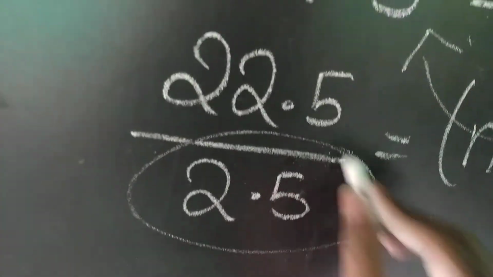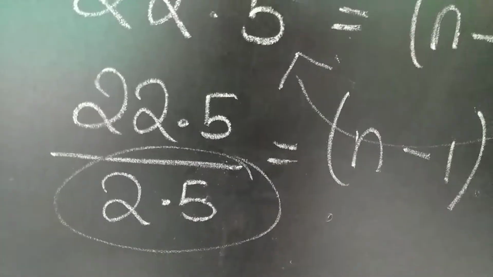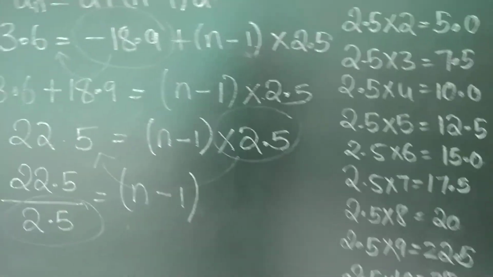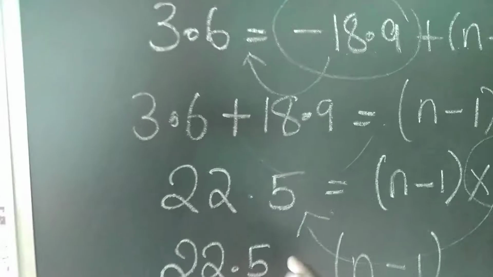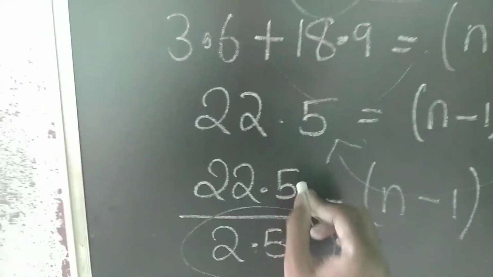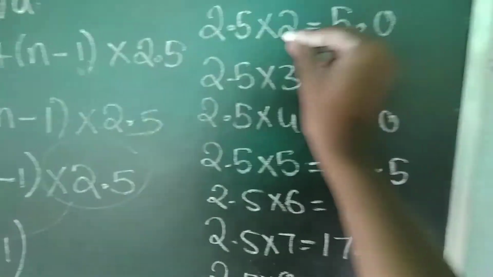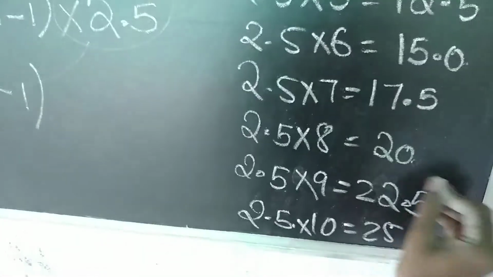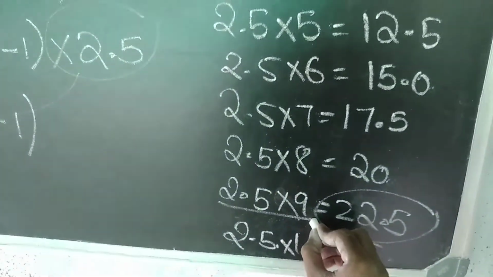So write the table of 2.5 on one side. After writing the table of 2.5, we have to check where we are going to get 22.5 in the 2.5 table. After writing, you know how to multiply, it's very simple. So check, we are having 22.5 at 2.5 into 9.